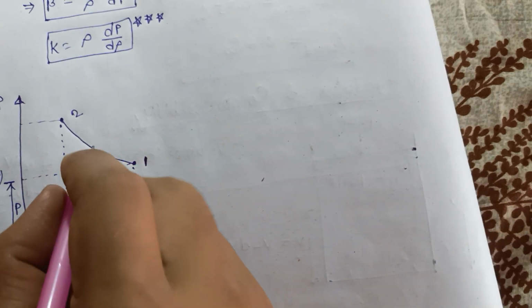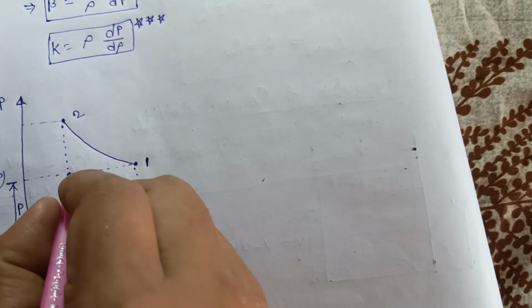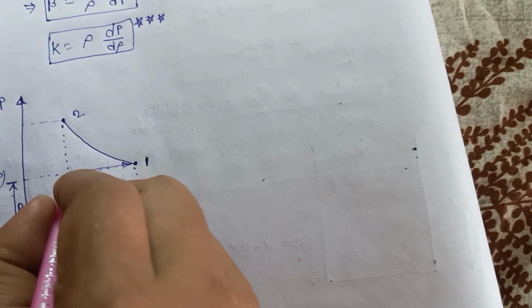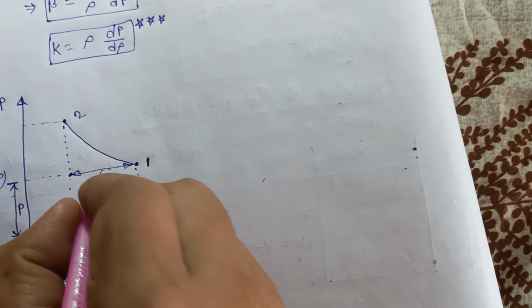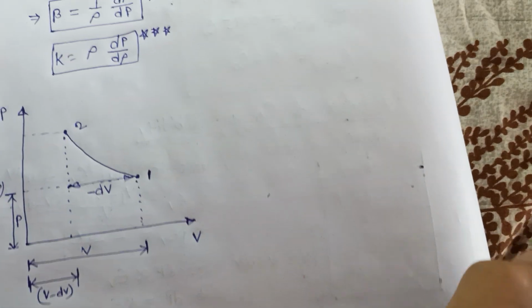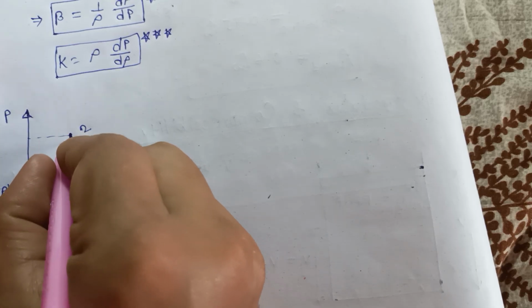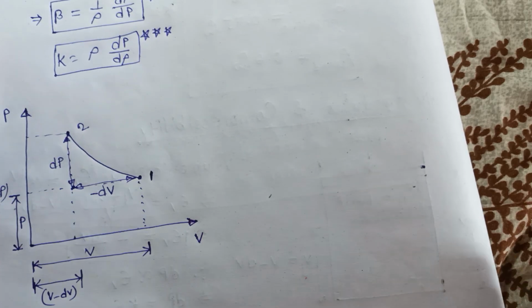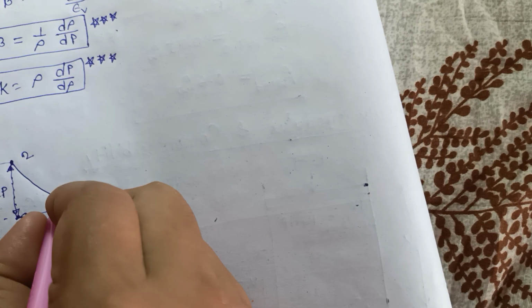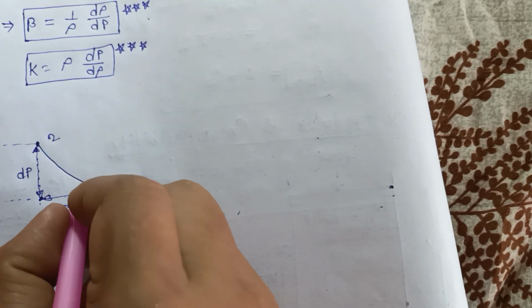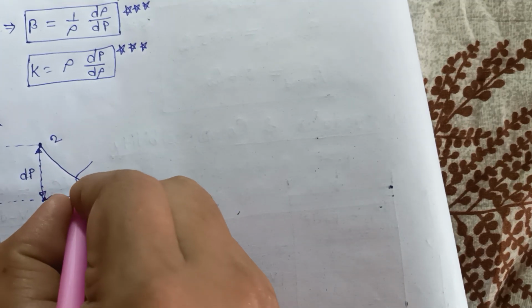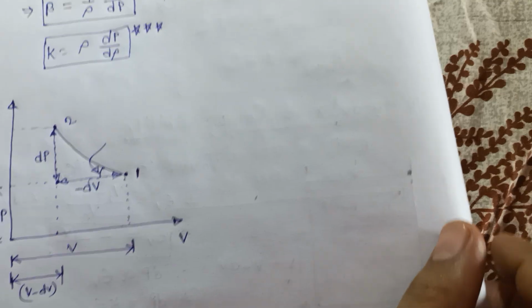So actually this distance, from here to here, is minus dV. And from here to here, this is dP. So this is the slope.